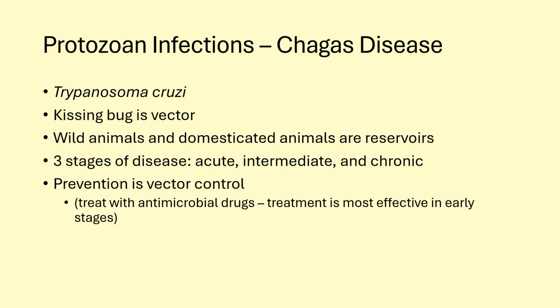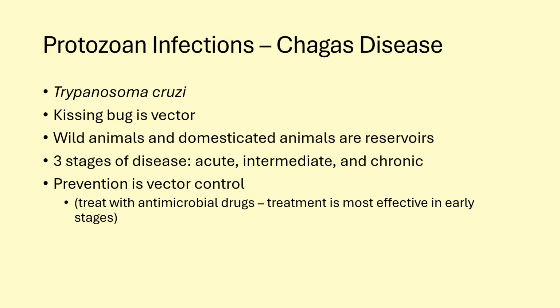That way the insect can't get to them while they are sleeping. If you are someone who likes to go out hiking a lot, when you get home, check yourself for ticks and remove any ticks that may be present. So once again, for Chagas disease, prevention is vector control. You can treat with antimicrobial drugs.